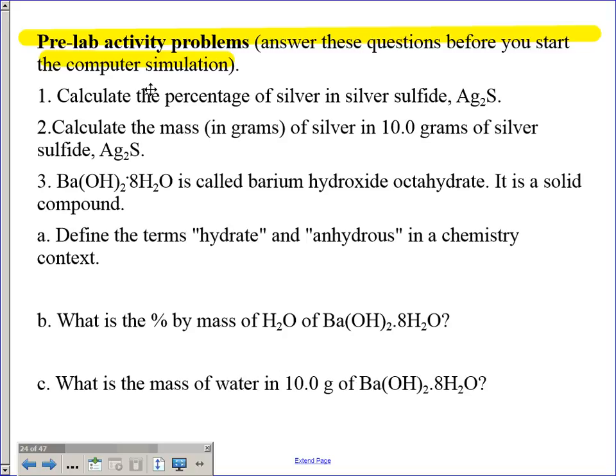Define the terms hydrate and anhydrous. What is that? Anhydrous, without water. Oh yeah, that makes sense. Okay, and then B, what is the percent?